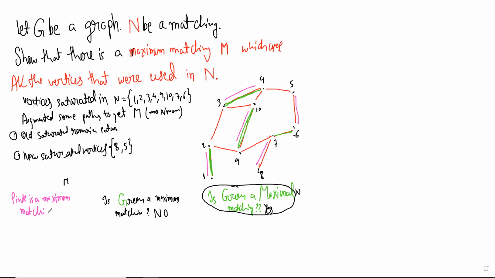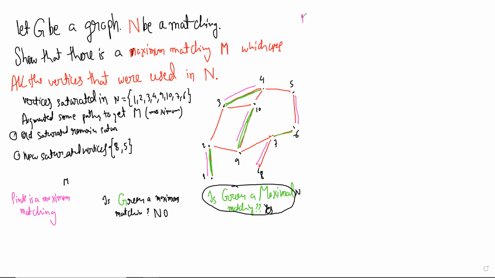Given an arbitrary matching N, you can find some augmenting paths, augment them, and go to a maximum matching. And in this process, the vertices that were used remain used. That's it.